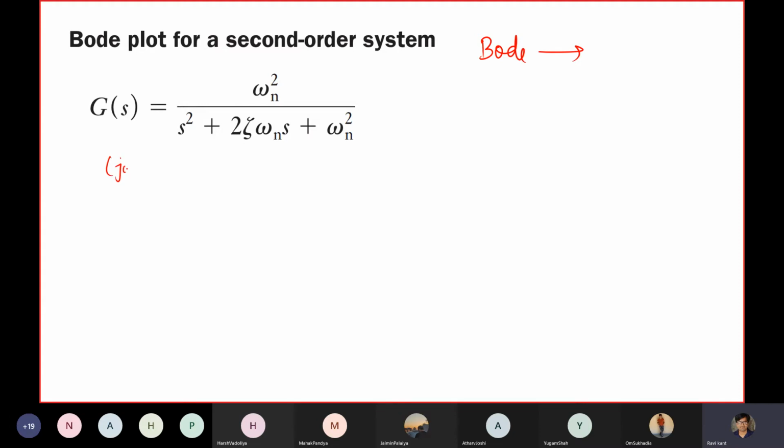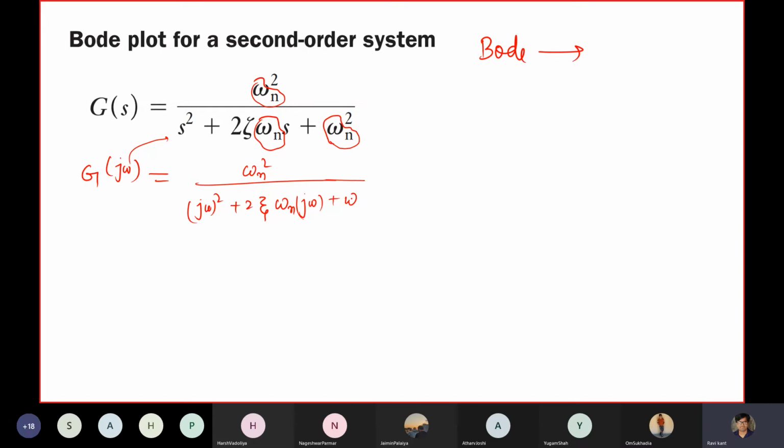I am going to replace S with j omega and write everything as G(j omega). Really sorry, this omega n is not omega. Omega will come here. This is omega n square divided by (j omega) square plus 2 zeta omega n times j omega plus omega n square.